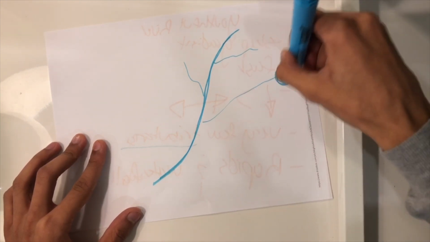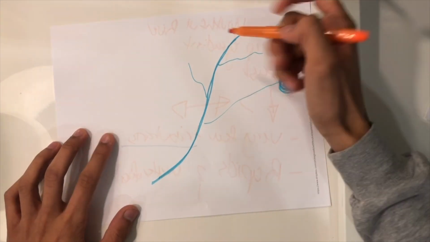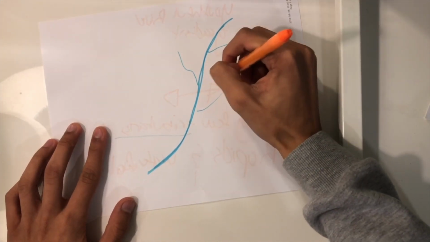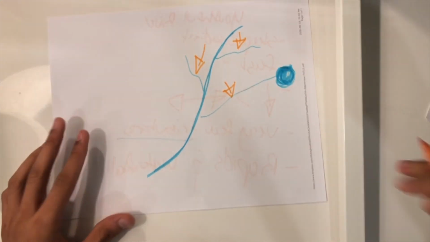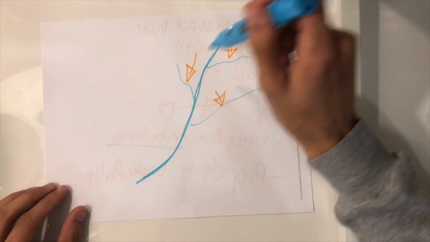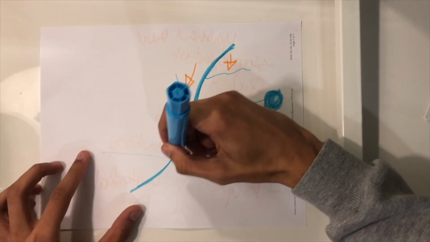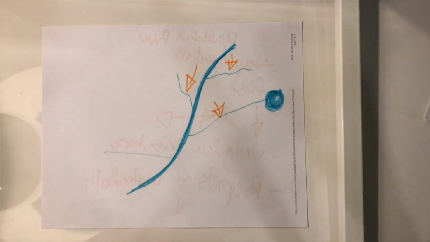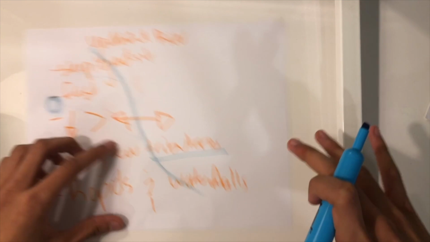That's like a small little lake. And these small streams are what a tributary is. So now you know, these contribute to the main river, which is called a tributary. And a youthful river has very few of these.